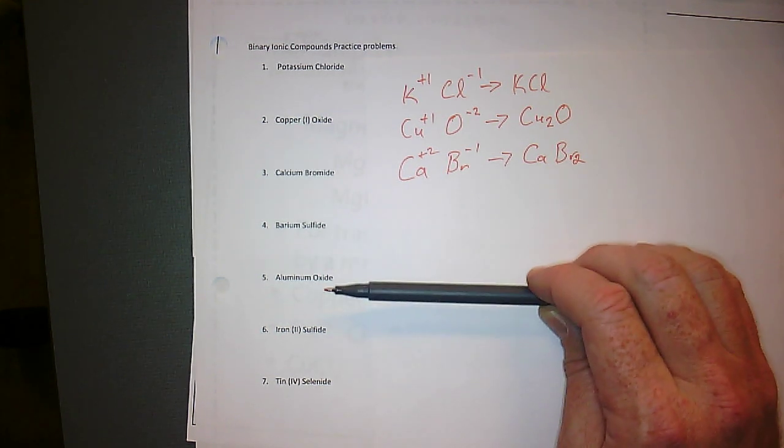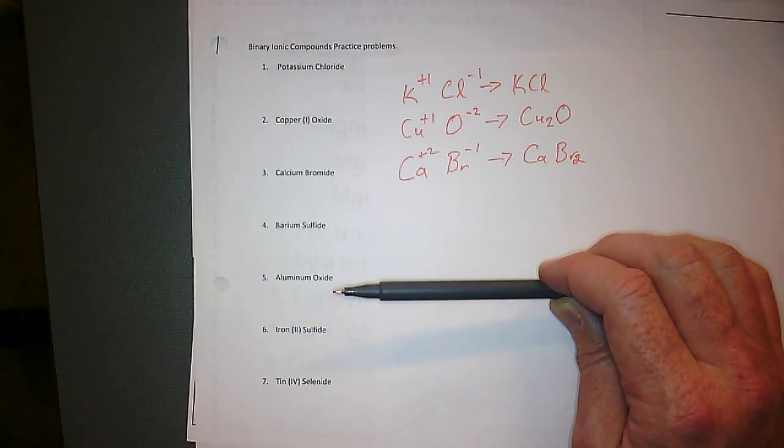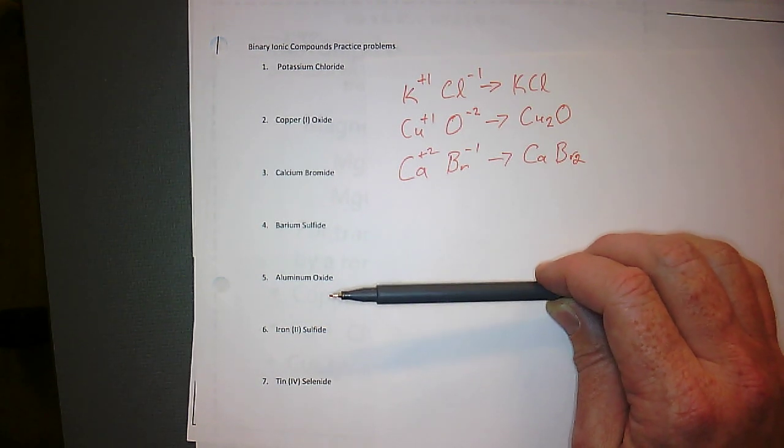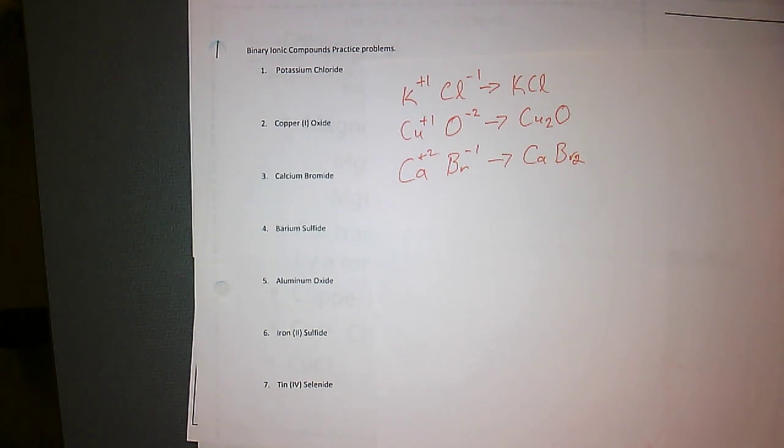And then Patrick will talk through aluminum oxide. If you get stuck, it's okay to ask your partner for help. Or if you see them doing something, say, wait a minute, I think it might be like this. Do not say, hey, you're stupid. That will make me very angry, okay? All right, so go ahead and do that. Go back and forth, and in about 5 minutes, we will check your answers.